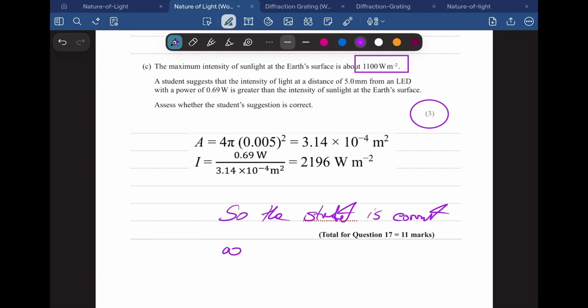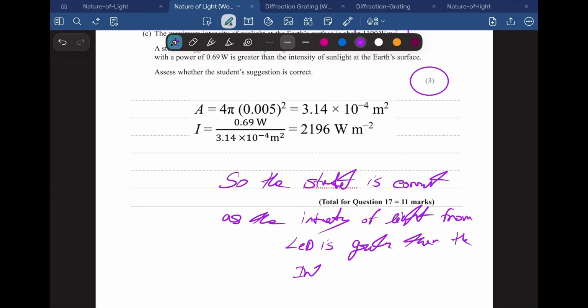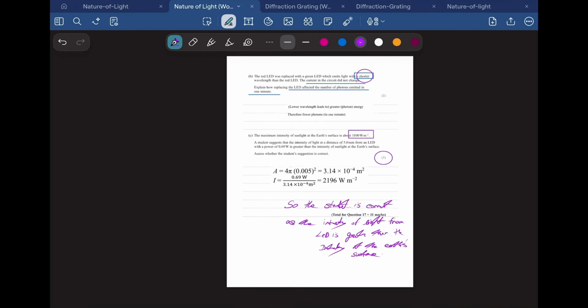So the student is correct, as the intensity of light from the LED is greater than the intensity at the earth's surface. You should write greater in words actually. So that is going to be your final words, which will give you the last mark. Otherwise you are going to lose 1 mark despite understanding the question and writing it correctly.